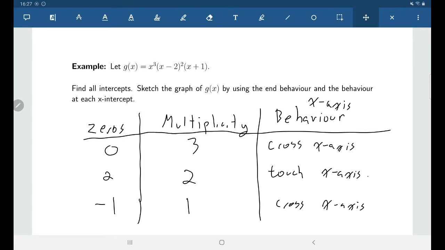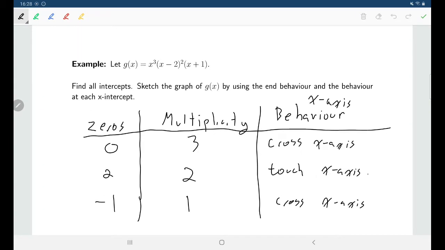Now, one other thing that we can do is find out our y-intercept and to also find our end behavior by looking for our constant term and our leading term. And so maybe I'll do that up here. So for our leading term, again multiplying together the leading terms of all of our factors, that would be x cubed times x squared times x, which is x to the 6.